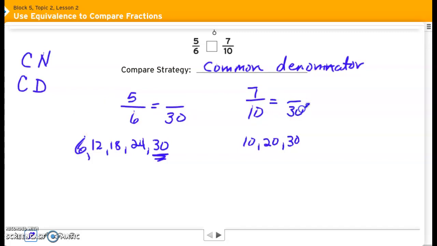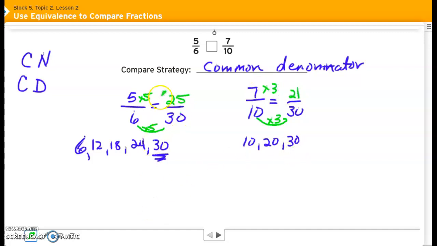Using the skill from Monday, you know that you'd have to take 6 times 5 to get 30. So we multiply the numerator by the same thing, and we've got 25/30. To change the denominator 10 to 30 in the other fraction, we'd have to multiply by 3. So 7 times 3 is 21.